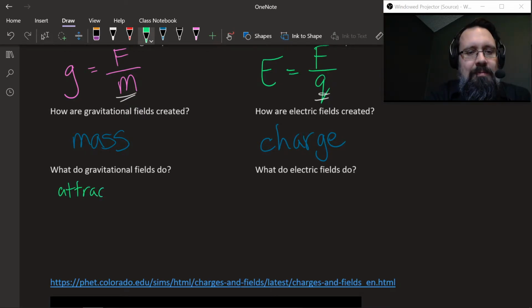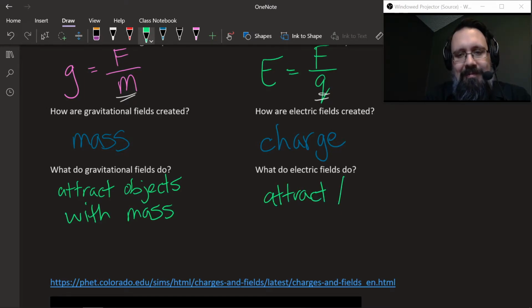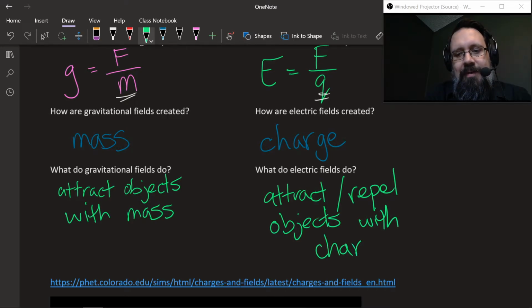They attract objects with mass. Gravitational fields attract objects with mass. What do electric fields do? Attract and repel, yeah, they do. Objects with charge. There you go.